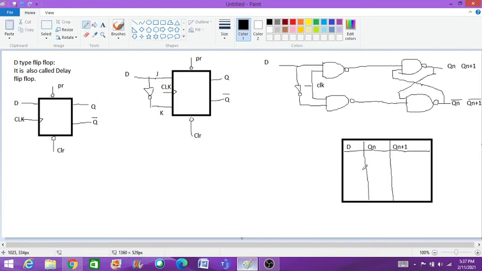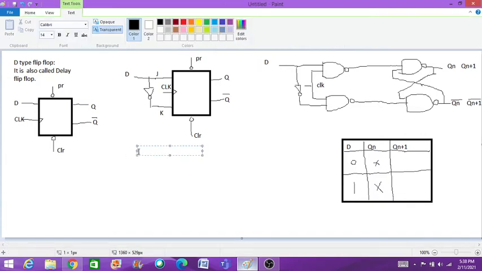So if there is one input, the possible inputs are 0 or 1, and we always take the present state as don't care. So we mostly consider Qn plus 1.